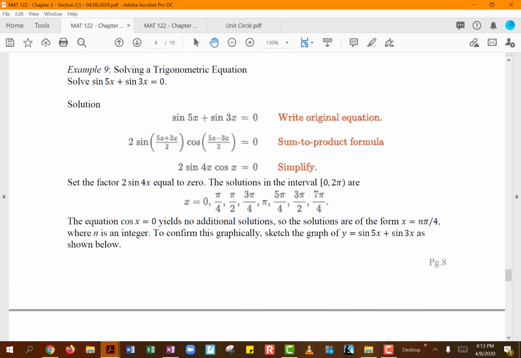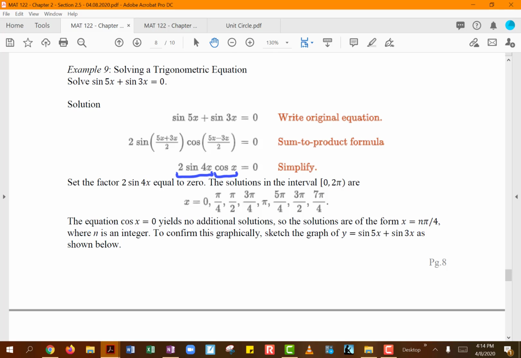So that's going to give you 2 times sine of 5x plus 3x over 2, cosine of 5x minus 3x over 2, which then becomes 2 times sine of 4x cosine of x equals 0. And what they are basically saying is take your factor of 2 times sine of 4x, set it equal to 0.